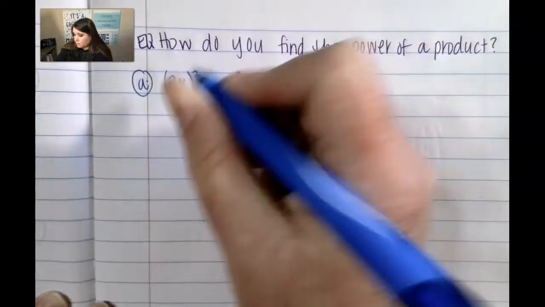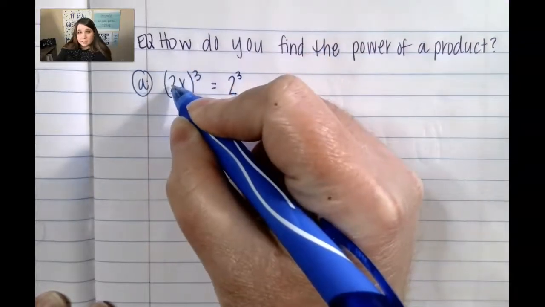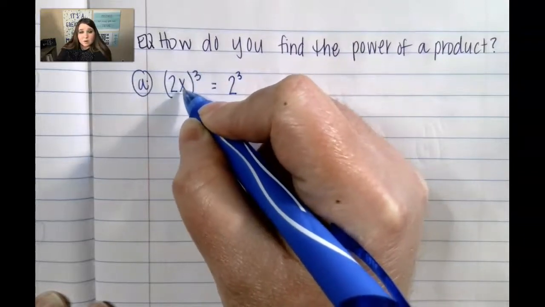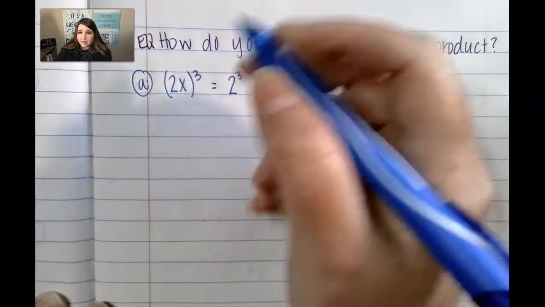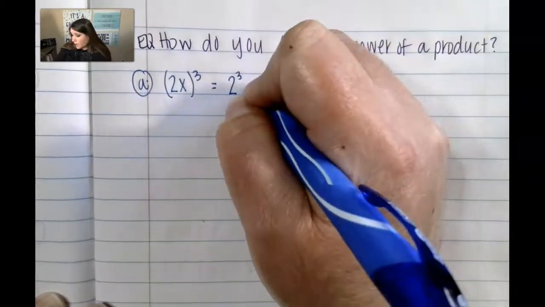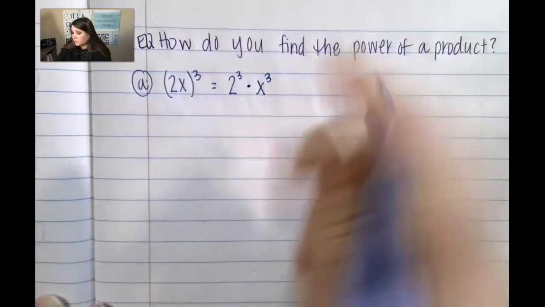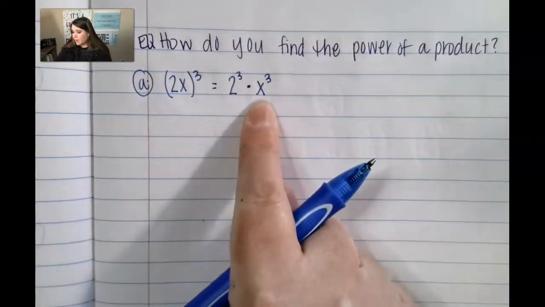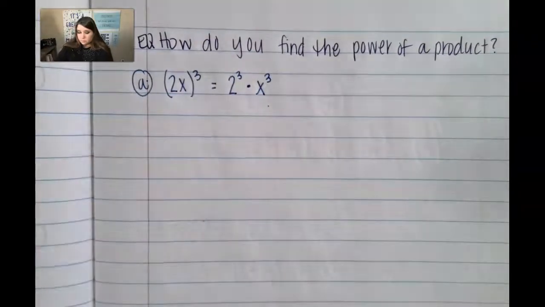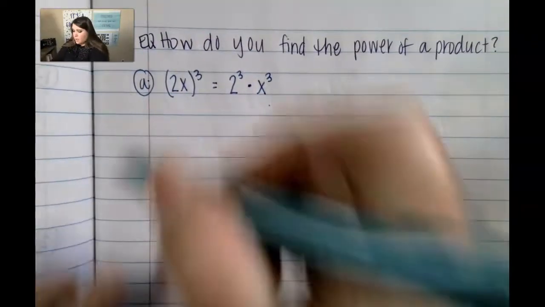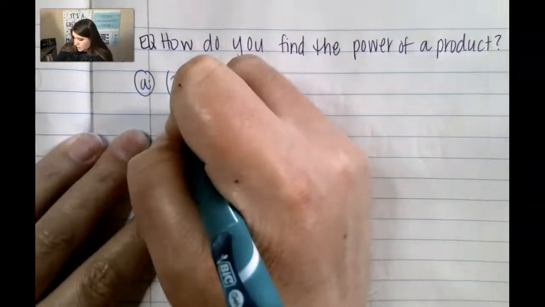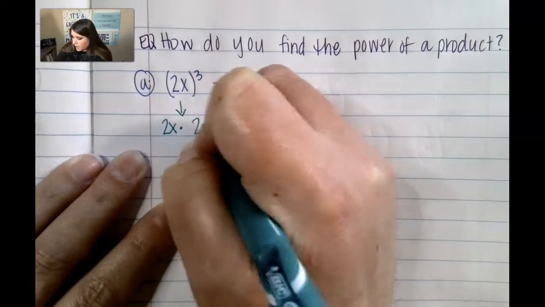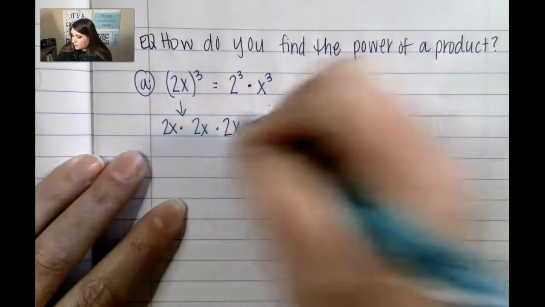2 to the third. So this 3 is multiplying times this 2, but it's also a power for the x. And they're multiplied, so it looks like this. We now have 2 to the third, and we have x to the third. If we were to write it out, it would be 2x times 2x times 2x.